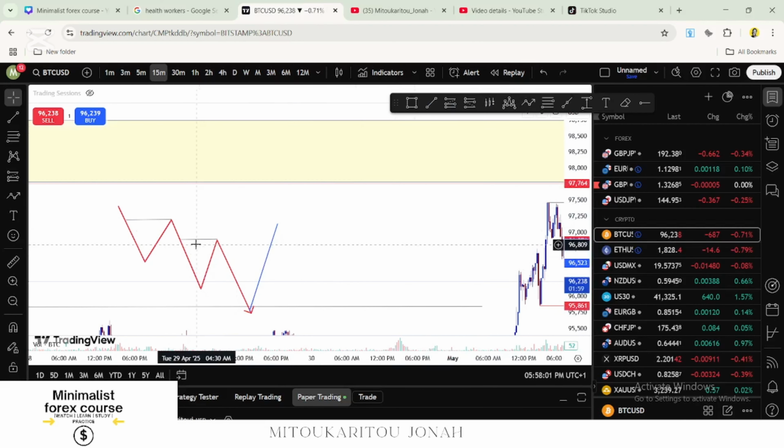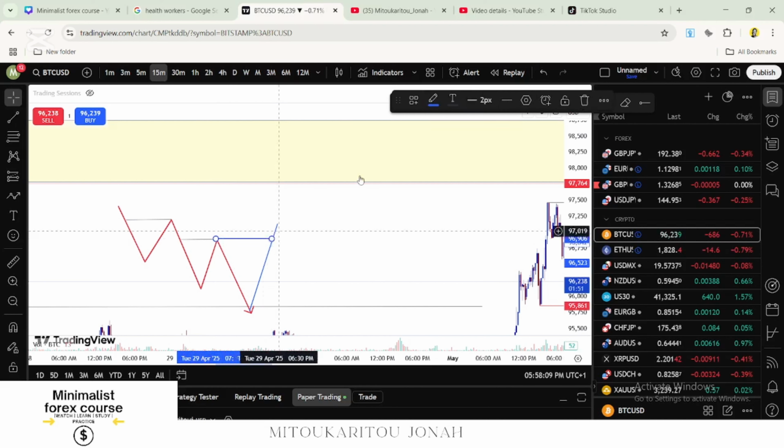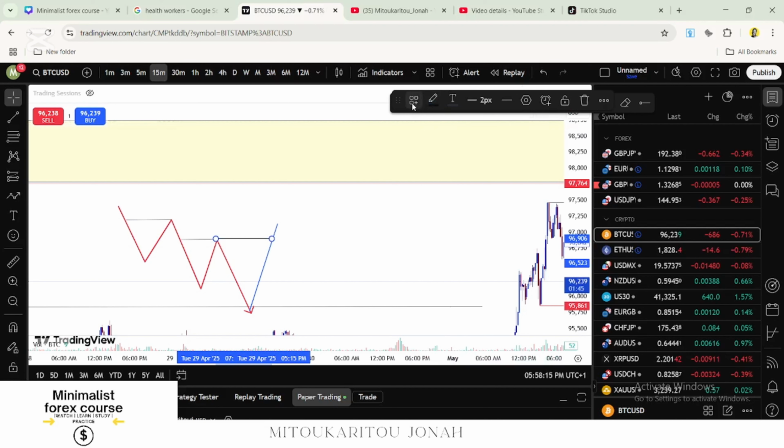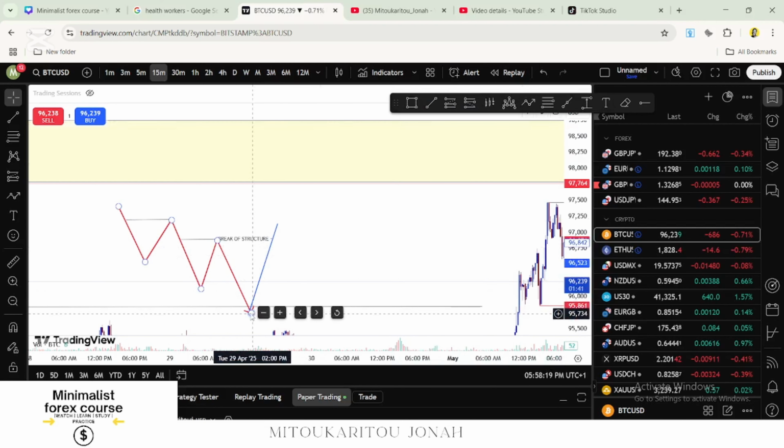So what happens here is this high is no longer a strong high. Sorry, it's still a strong high, but the market broke structure here, and because the market broke structure, this low becomes a strong low, because it's the low that broke structure.